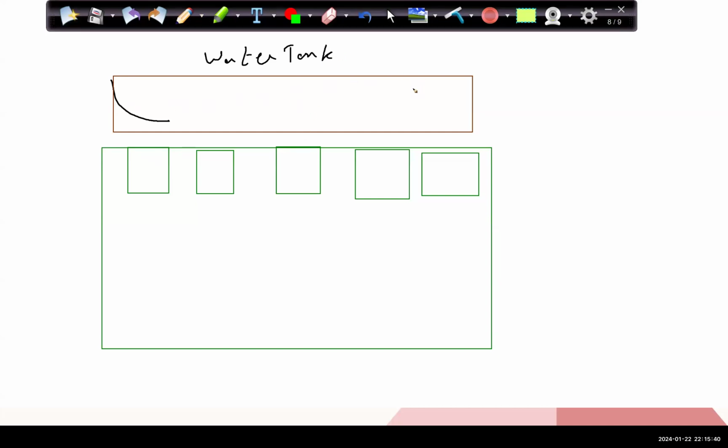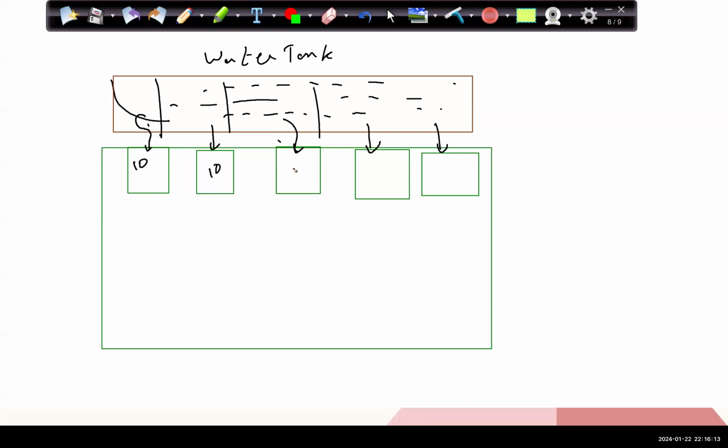This is a common water tank, but I can divide it and give water connections to all these flats. And I can control how much water goes to each flat. Let's say 10 liters go here, 10 here, 10 here, 10 here. This is virtualization.